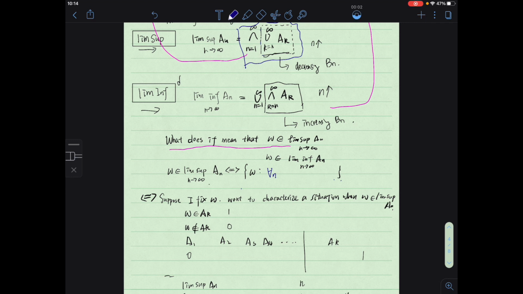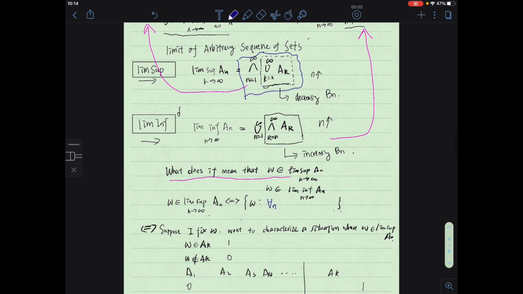For a union of sets, omega belongs to a union of the n tail if omega belongs to one of these AK in the n tail, right?